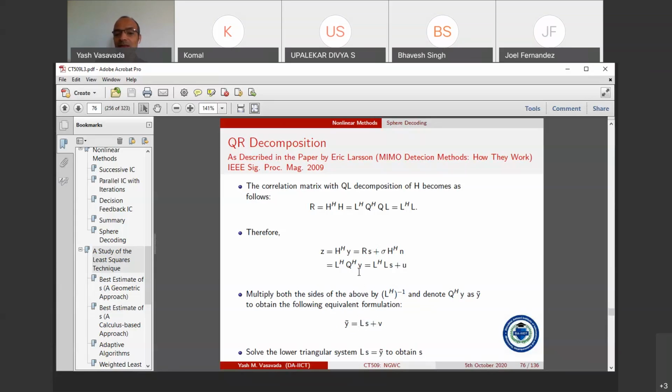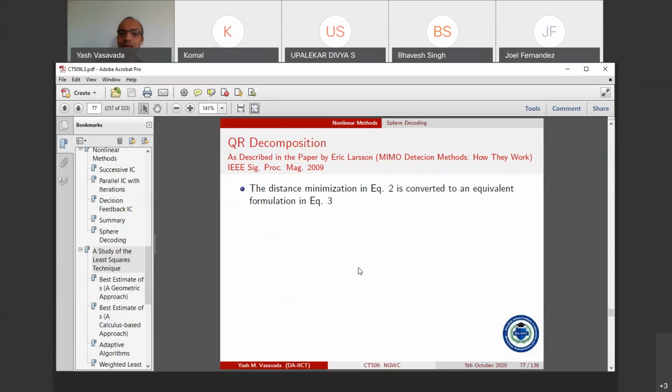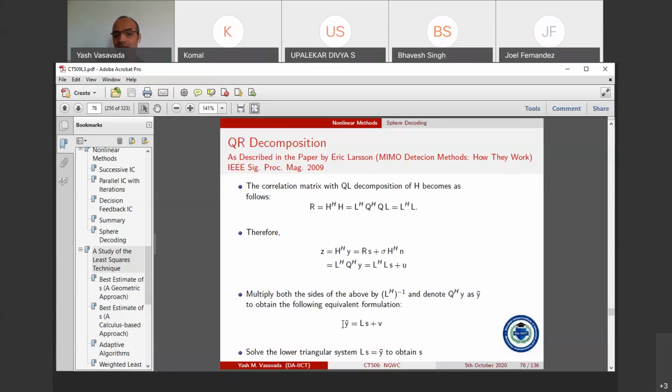We do it by Gram-Schmidt orthogonalization of matrix H. Okay, so that is the main idea, that the problem is turned into y tilde is equal to L times S plus V, where V is the noise vector.